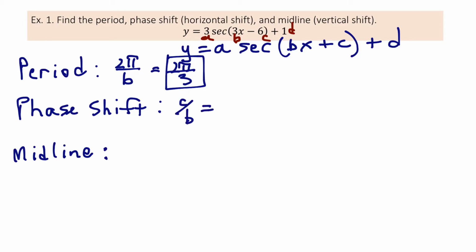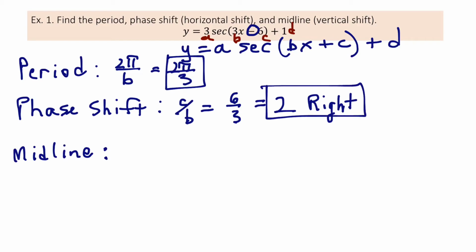So I have a c of 6, and I have a b of 3. So I have a phase shift of 2, and then I have a direction here, which was going to be opposite. So I've got negative there. I've got a phase shift of 2 to the right. So that's a horizontal shift, 2 to the right.